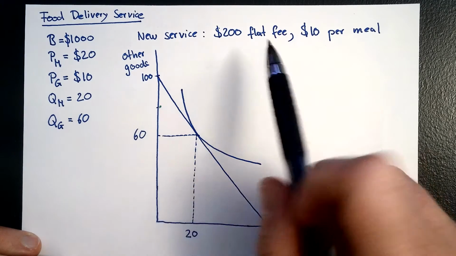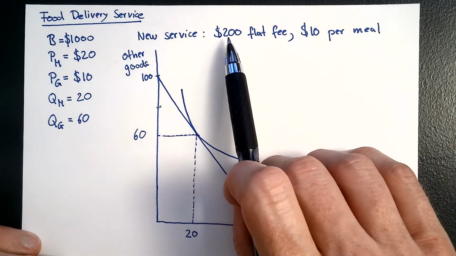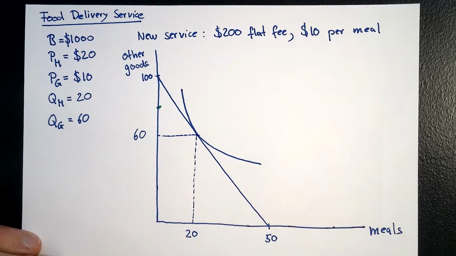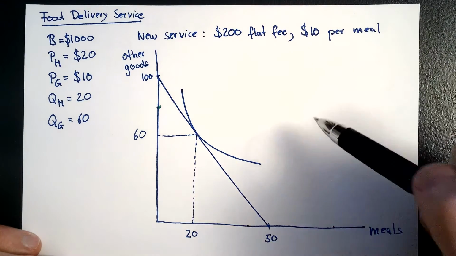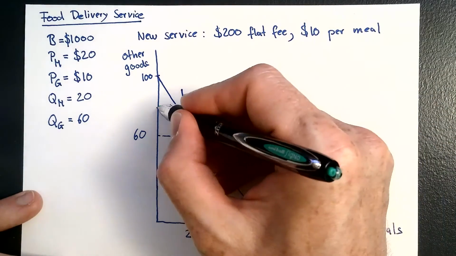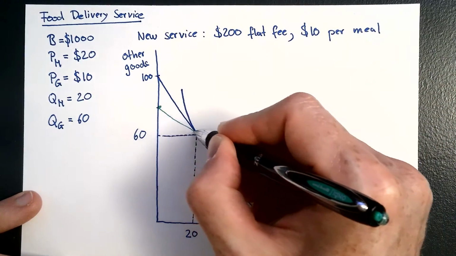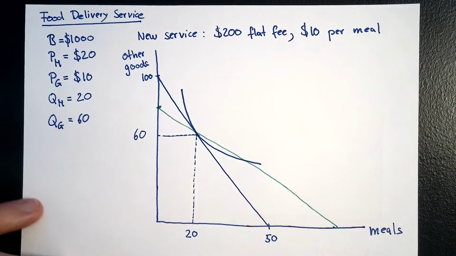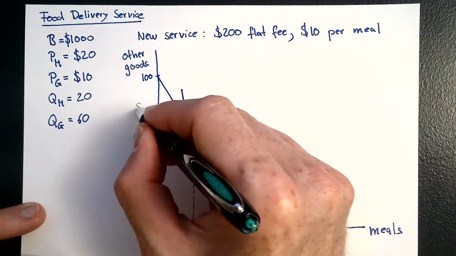So theoretically we could spend the $200 and then still consume 80 units of other goods and 0 units on the meals. But then we have a budget constraint that is looking like this. So here we have 80 units.